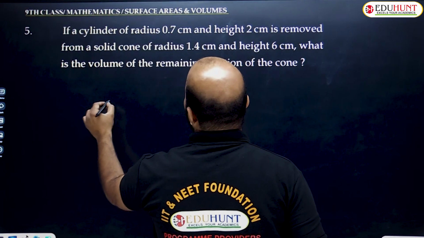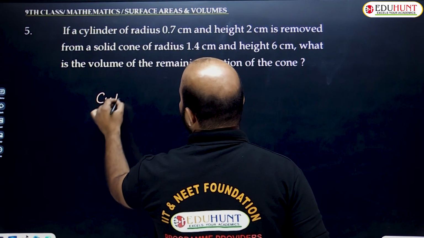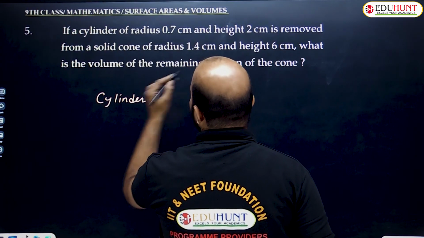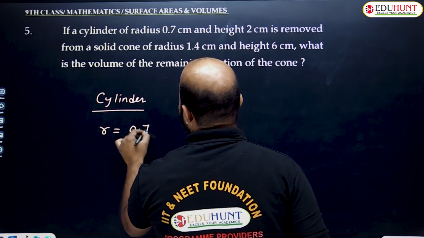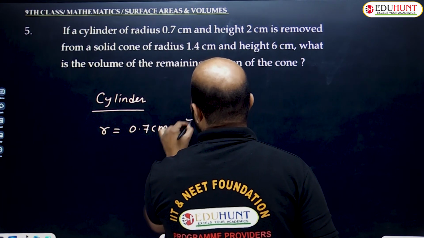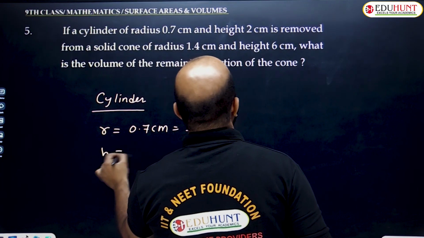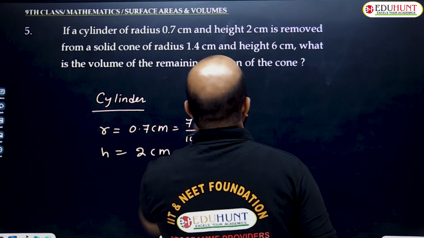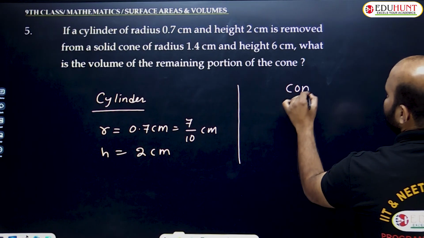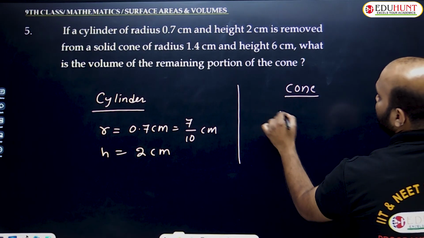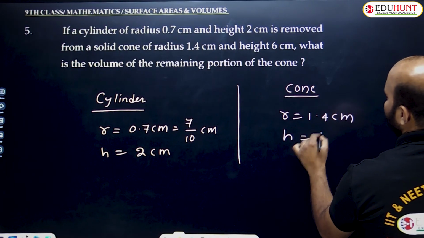So what I am given: cylinder radius equals 0.7 centimeters, which can also be written as 7 by 10 centimeters, and height equals 2 centimeters, and it is removed from the cone. The cone radius is 1.4 centimeters, height 6 centimeters.